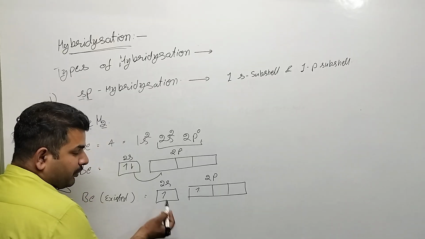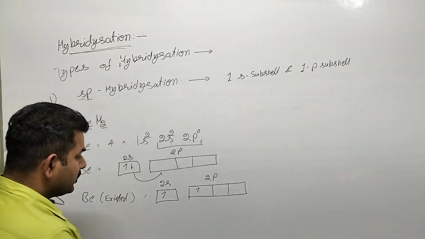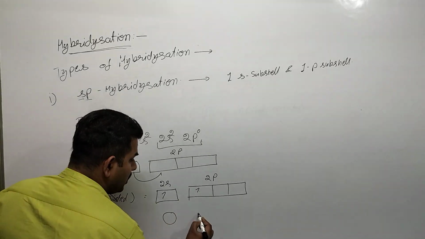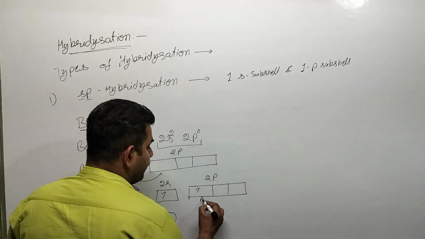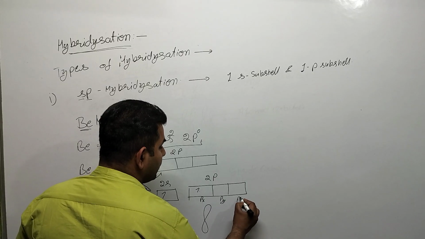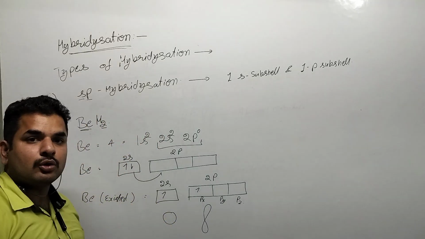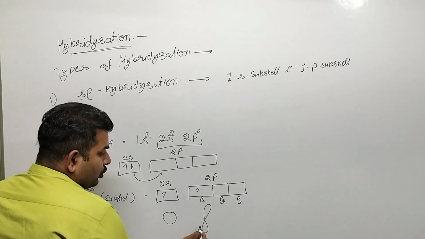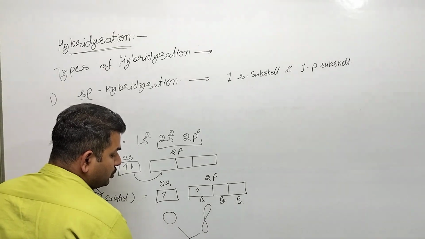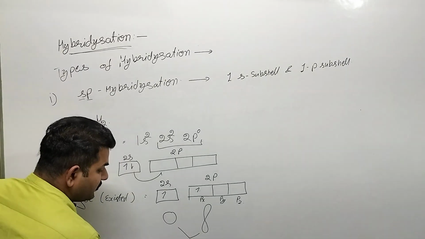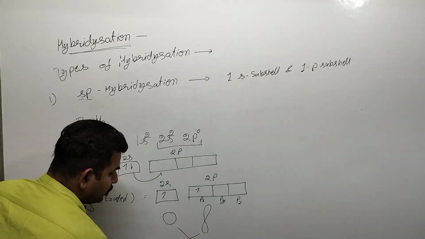These orbitals can participate in hybridization, that is s orbital and p orbital, that is px, py and pz orbitals. These orbitals intermix into each other and form a new orbital.